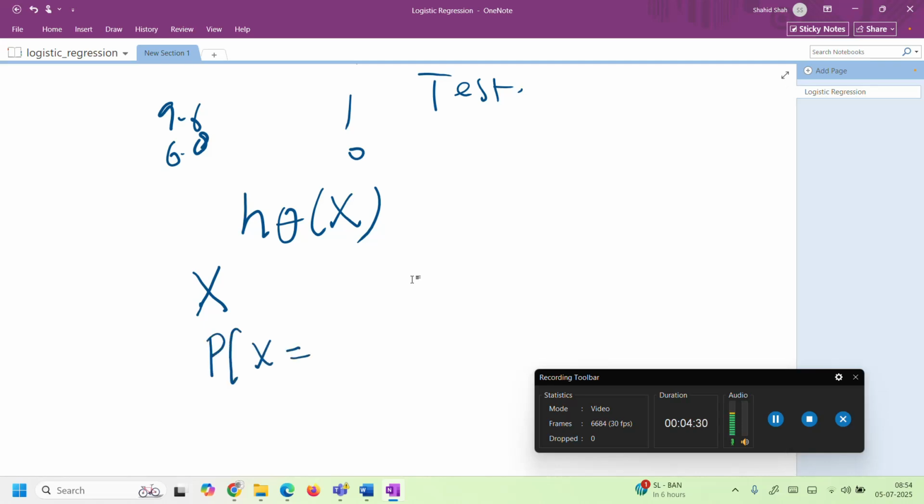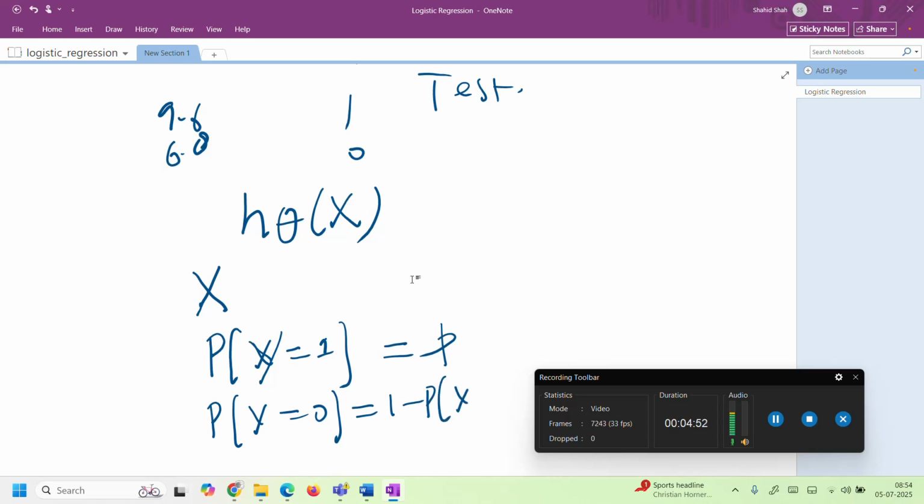The probability that the student is placed is the probability that y is equal to 1, and let me denote this by p. And the probability that the student is not placed, y is equal to 0, will be 1 minus the probability y is equal to 1, which is 1 minus p.